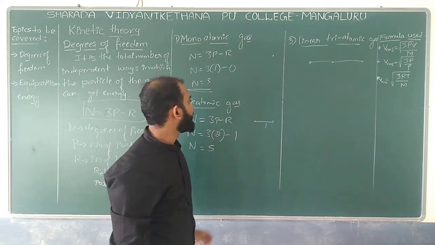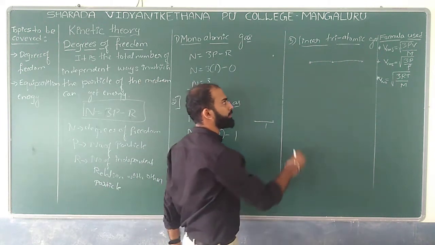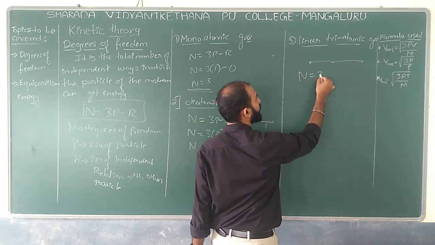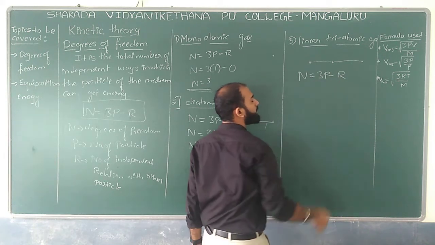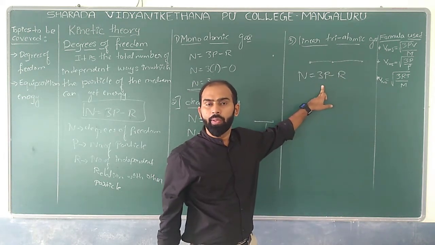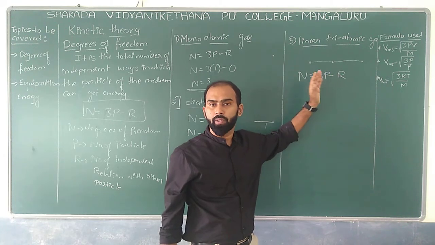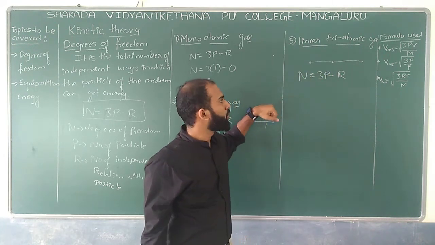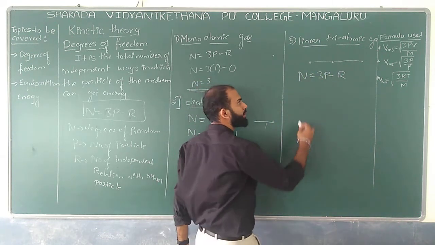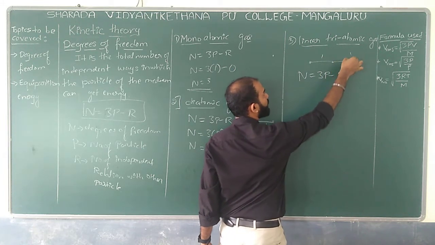Correct? So now, if you take the same formula, that is n is equal to 3p minus r, where n is the number of independent ways, p is the number of particles, and r is the number of relations with respect to other particles. So what are the relations we can expect here? From here there is 1 and one more is here.